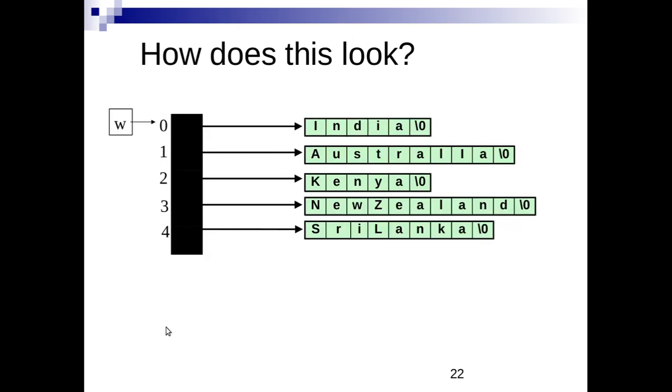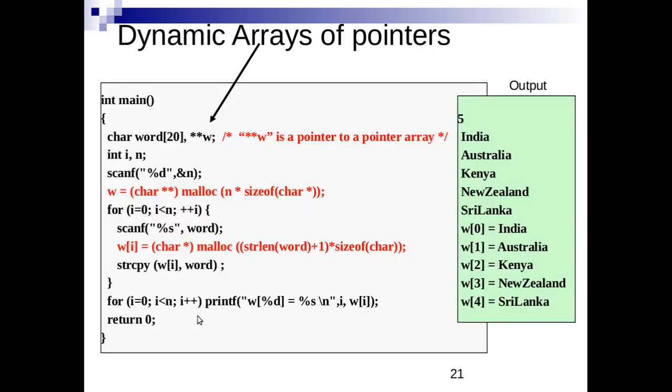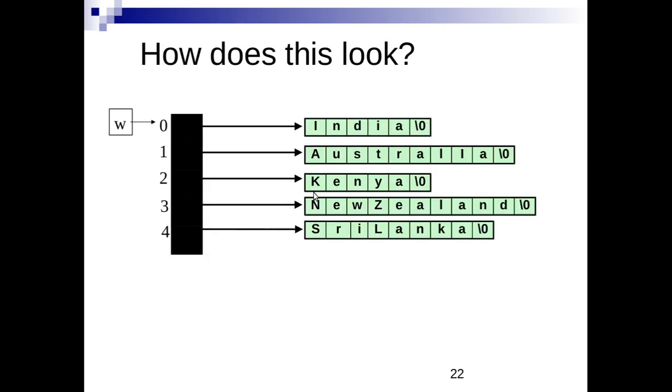Earlier it was always 10, but now we allocated this array dynamically here, so it has the space for storing exactly as many character pointers as the number of strings that we later enter.